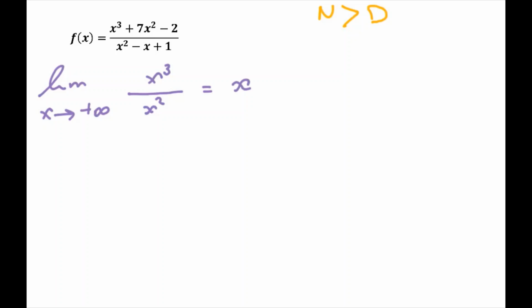Now, what about if the degree of the numerator is greater than the denominator? Well, if I try the non-official way, it says the limit as x approaches positive infinity will be x cubed over x squared. That's equal to x. So the limit as x approaches infinity of x, substituting x by infinity, is infinity.